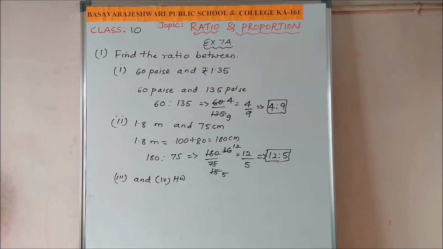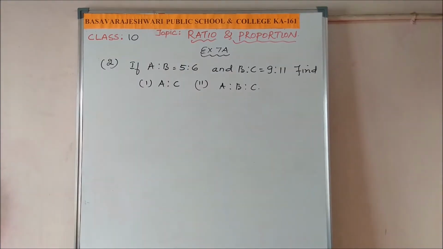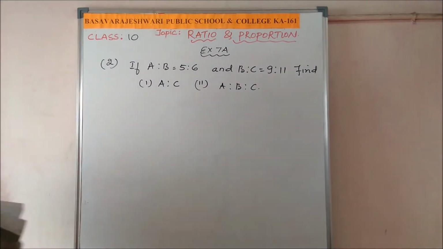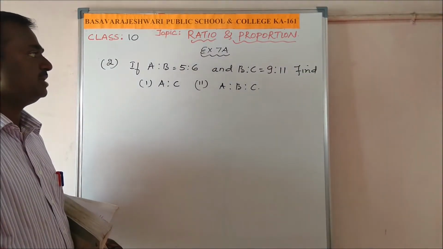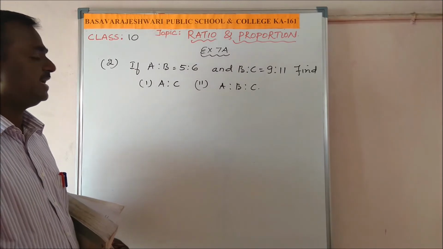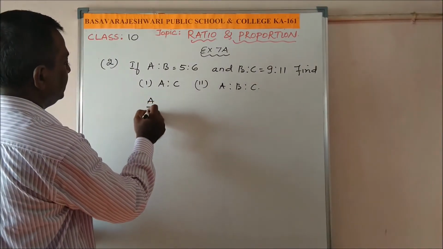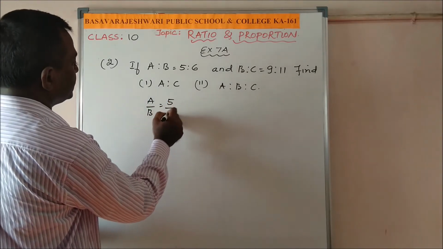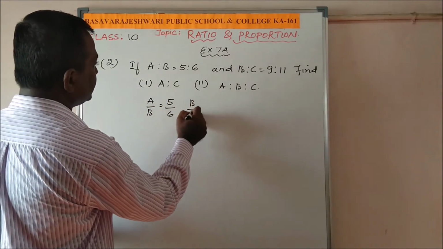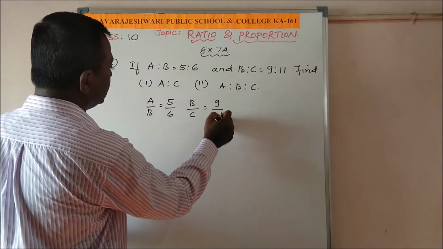The second question is, A is to B is equal to 5 is to 6 and B is to C is equal to 9 is to 11. Find A is to C. So A by B is given as 5 by 6 and B by C is given as 9 by 11.